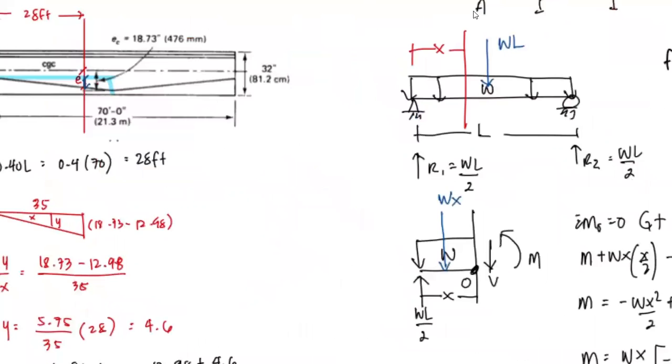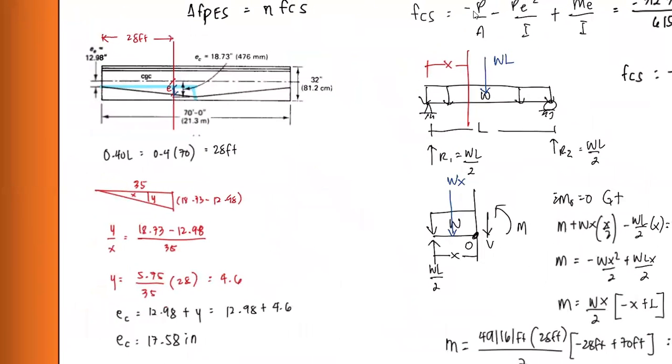So we have, sabi sa problem, we have a 0.4 L or 28 feet. Yun yung critical section na kailangan natin i-identify. Then in-identify lang natin yung value ng eccentricity at that point. Okay? So from neutral axis hanggang doon sa kanyang position doon sa ating tendon.